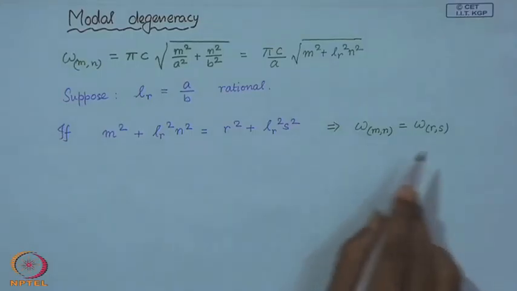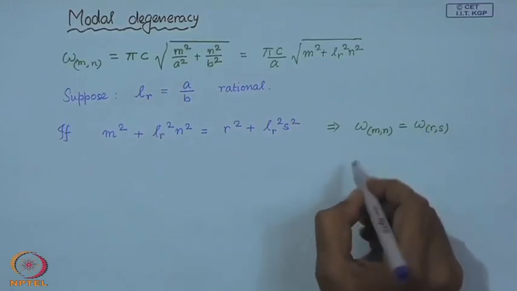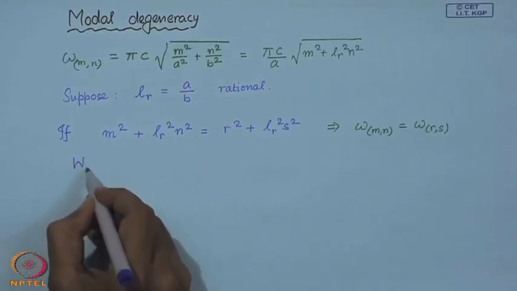So, there are two modes with identical circular eigenfrequencies, but remember that the eigenfunctions will still be orthogonal.